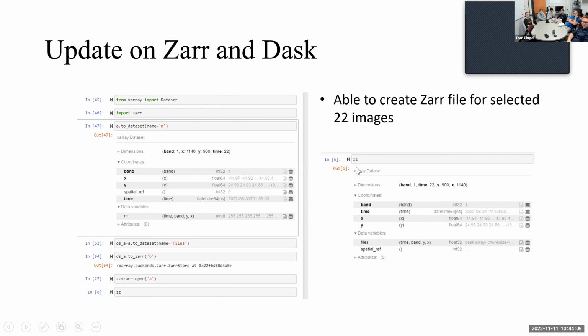I was able to open the Zarr file, and the only difference I'm seeing in these two is when you look at the data variables, this one has 255s and so on, but this is turned into a Dask array, and it's referring to the chunk thing. I think the chunk is probably a parallel processing thing, which is the capability of Dask arrays, but this is not visible at all.